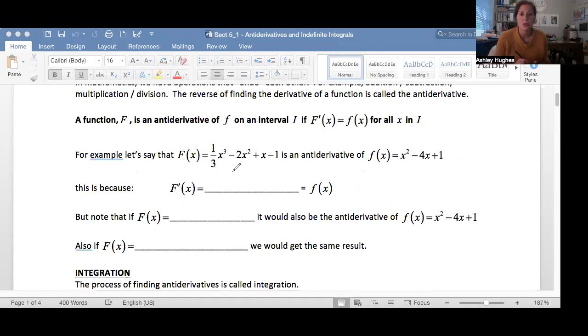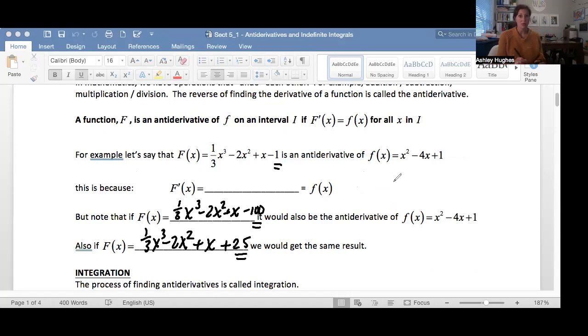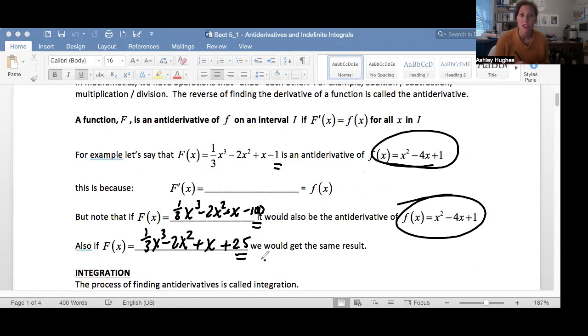This is going to show that this constant doesn't matter. So big F could be 1/3 x cubed minus 2x squared plus x minus 100, or it could be 1/3 x cubed minus 2x squared plus x plus 25. It doesn't matter what this constant is, because when we take the derivative, we're still going to get this every time. So this constant is called an arbitrary constant, and we denote that as a little c.